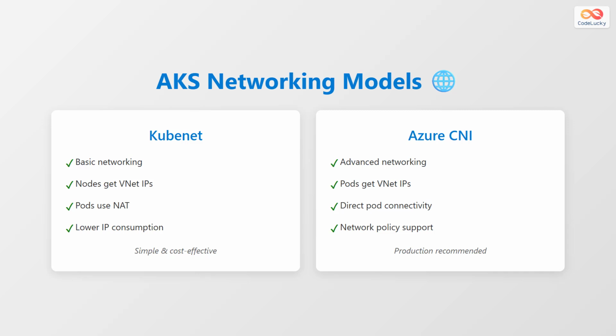In this model, both nodes and pods receive virtual network IP addresses, enabling direct pod connectivity. Azure CNI supports network policies for controlling traffic between pods and is the recommended choice for production environments due to its enhanced security and flexibility.